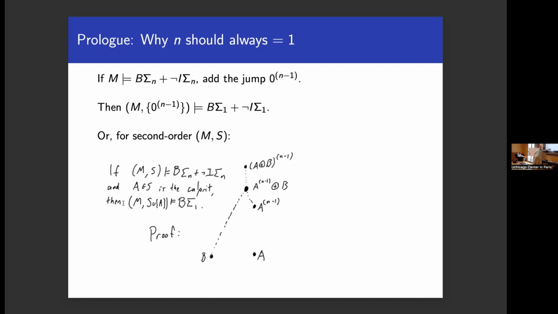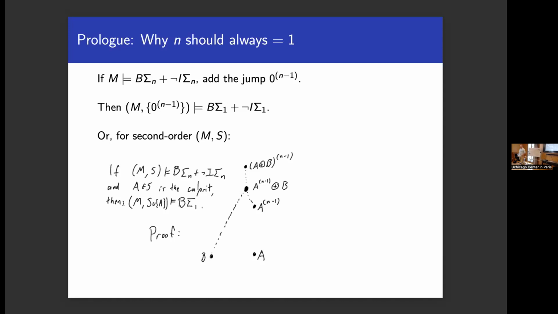And then what this diagram shows is that there should be an A plus B down here somewhere, I suppose. If you started with A, you went to A^(n-1), and you're worried about A^(n-1) plus B, then you look at B plus A, and its n minus 1 jump is also here. By B sigma n, its n minus 1 jump is a model of B sigma 1.